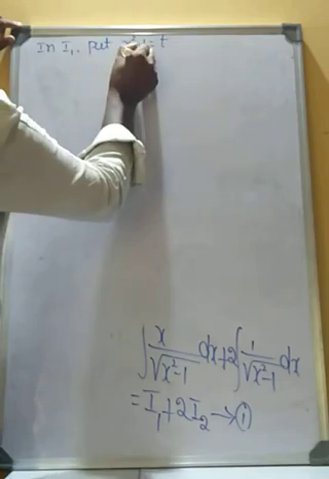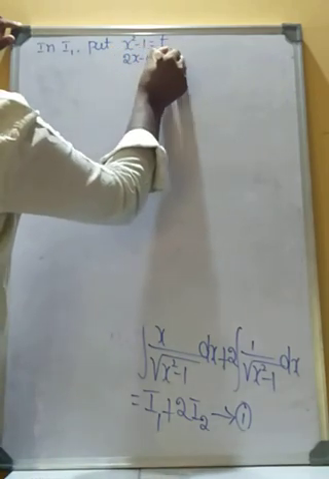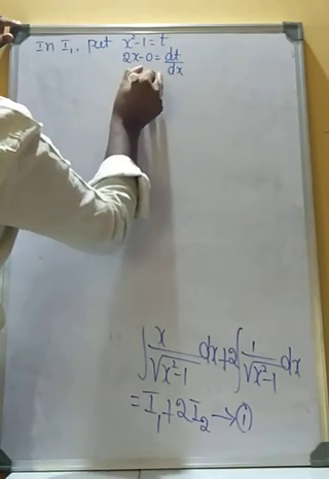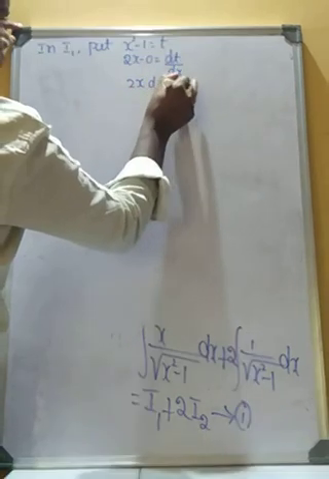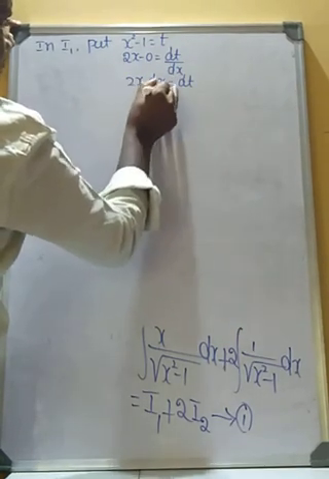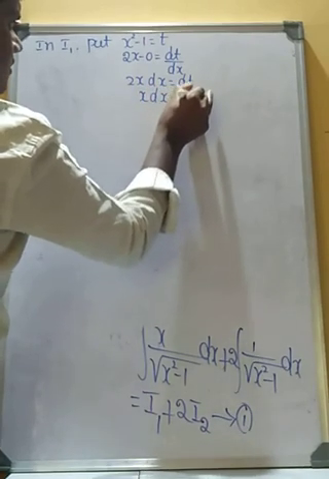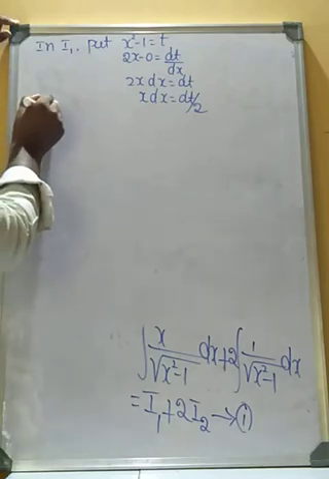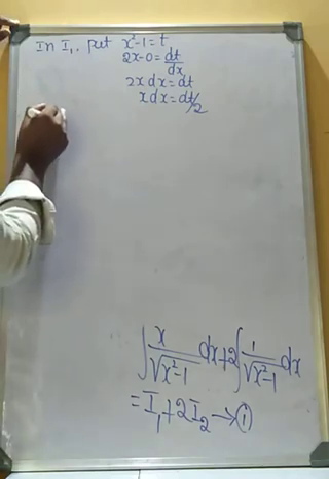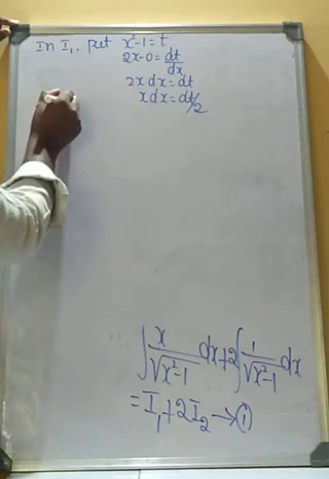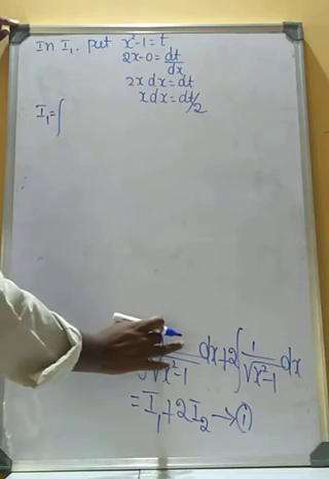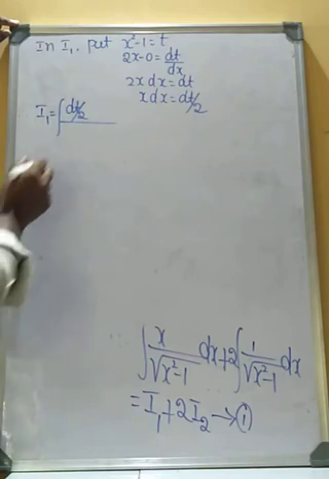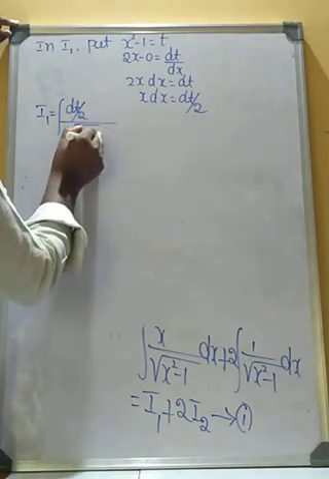Differentiate with respect to x. 2x minus 0 is equal to dt by dx. Therefore 2x into dx is equal to dt. Therefore x into dx is equal to dt divided by 2. Substitute in the first integral term. Therefore I1 is equal to the integral of (dt divided by 2) divided by root of t.